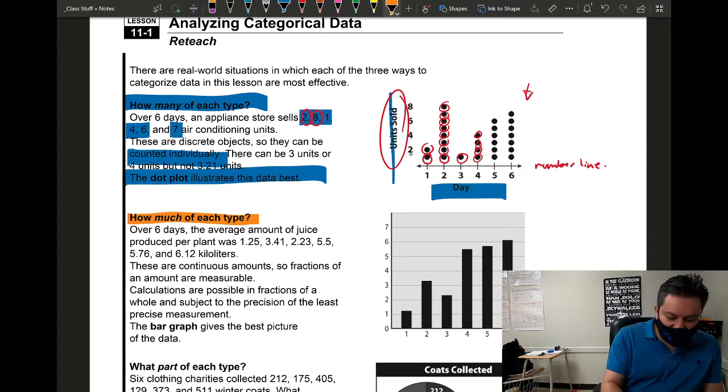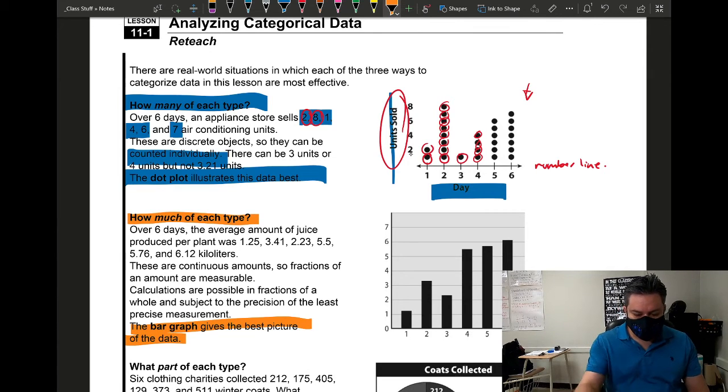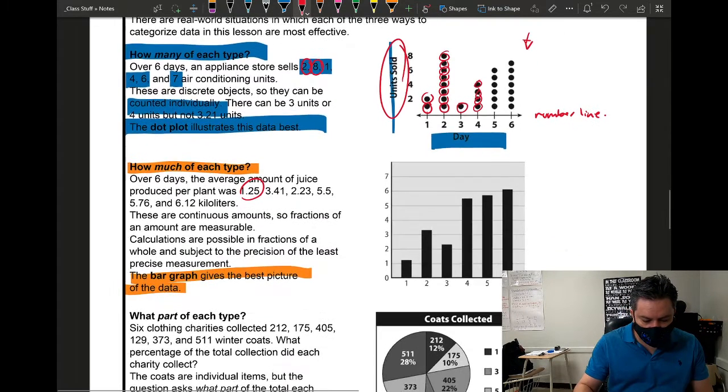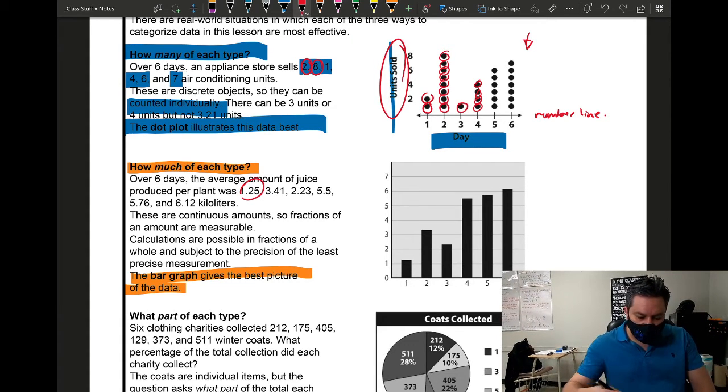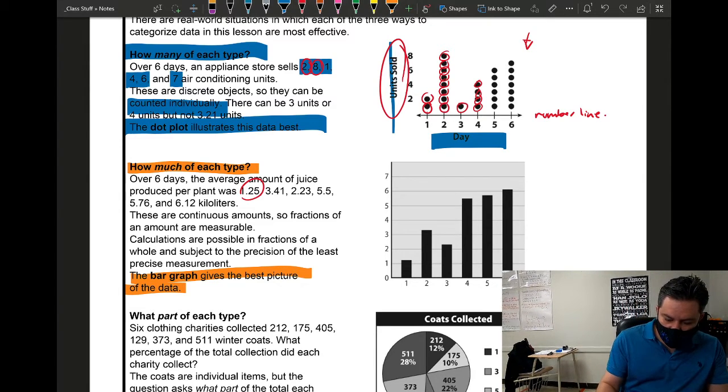So in this case, a bar graph gives you the best picture of the data. If you notice over here, the first day was 1.25. And over here we're gonna have the amount of juice, and on the bottom we're gonna have the number of days.